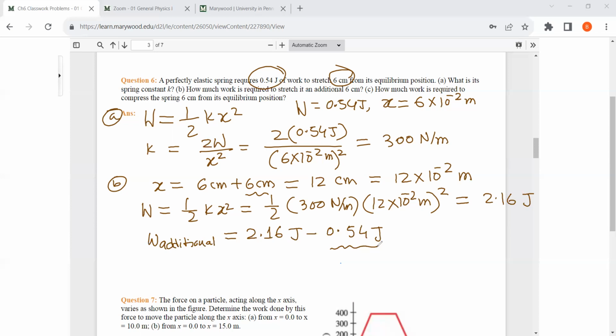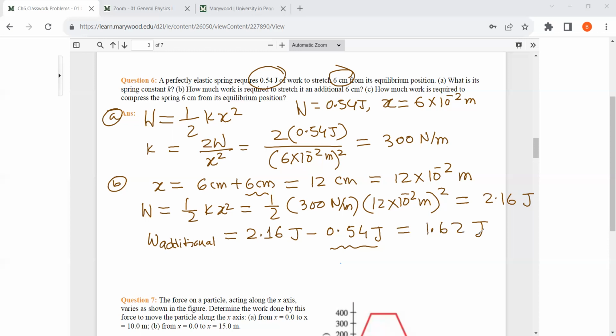The question asks what more work we need to stretch it 6 more centimeter. So the additional work done we need is 2.16 minus 0.54 joule, and that is equal to 1.62 joule.